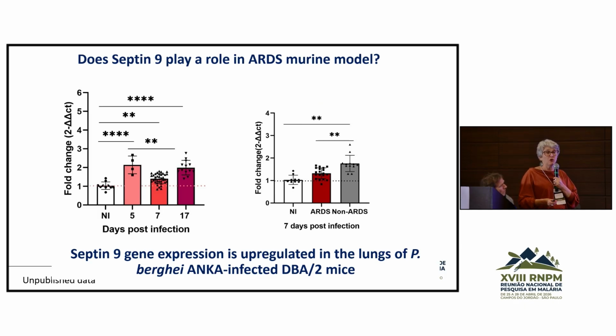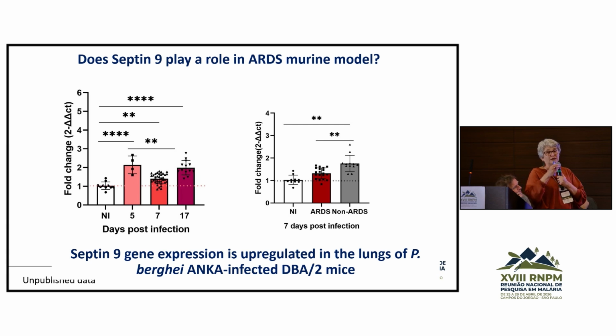So that made us pay more attention to the septin and wonder what would be the role of septin 9 in an ARDS murine model. Because there is a contradiction in the literature: in some models, overexpression increases, for example, ocular permeability, leading to an increase in glaucoma.